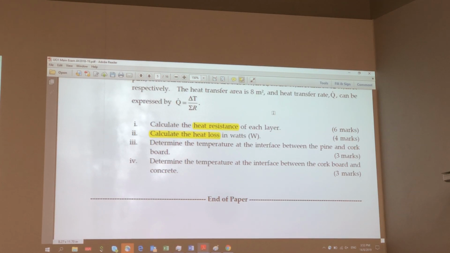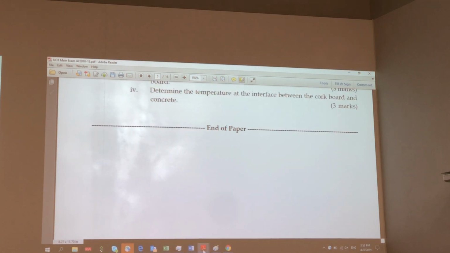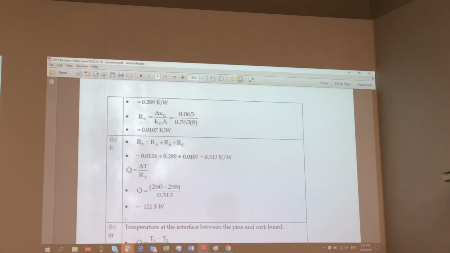Otherwise, you don't need to show it's negative. If we just ask you for the heat transfer rate, then you just use higher temperature minus lower temperature. But for this case, you need to show the heat loss, so it's minus here.